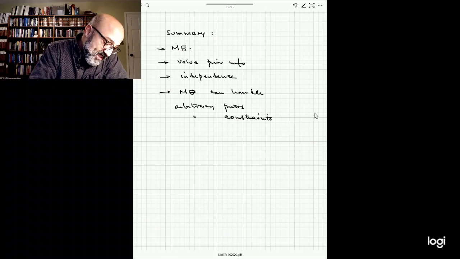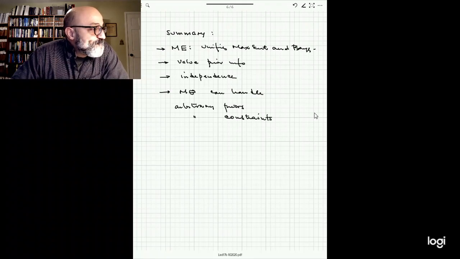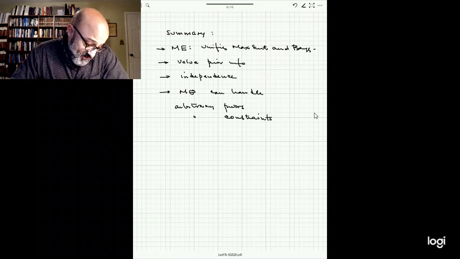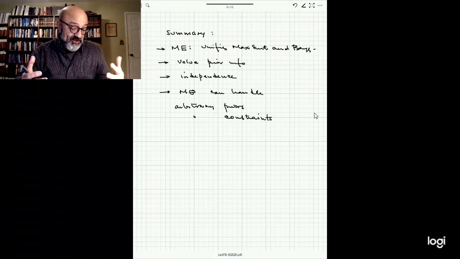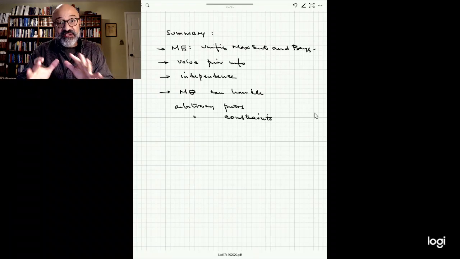So ME unifies maxent and Bayes. Very good. I believe that this, well, it sort of provides a certain sense of completion to this method of maximum entropy.